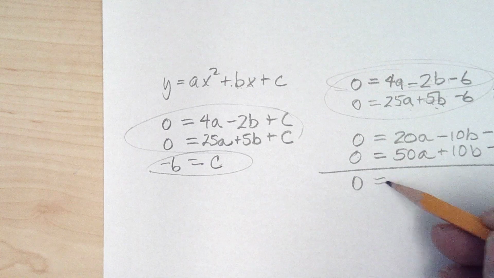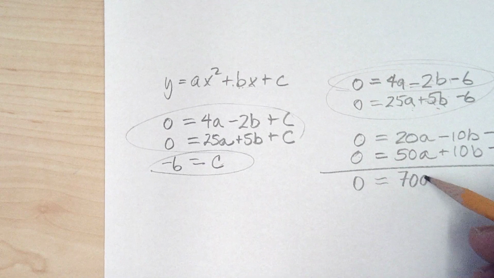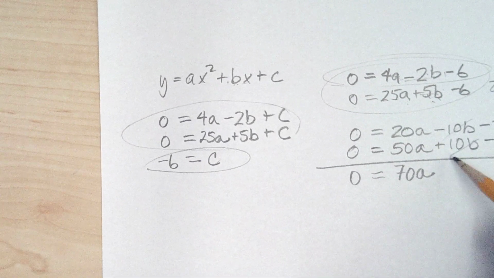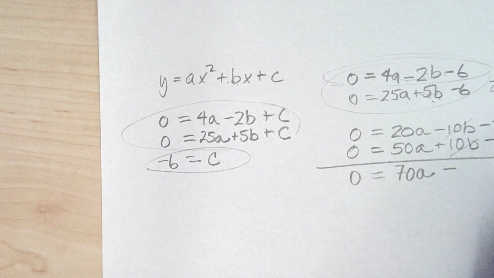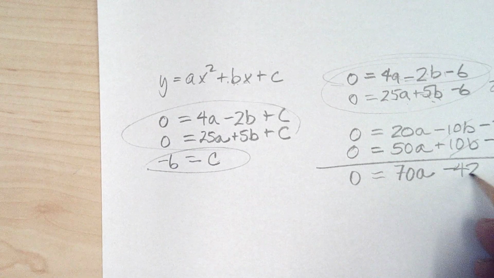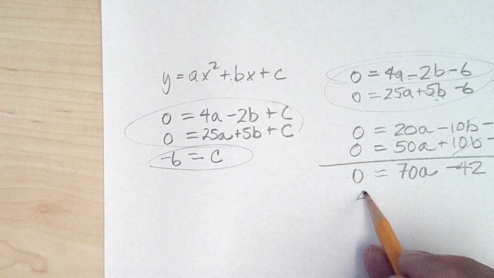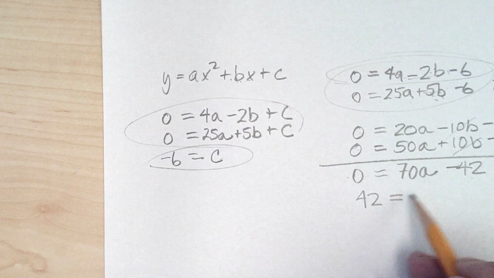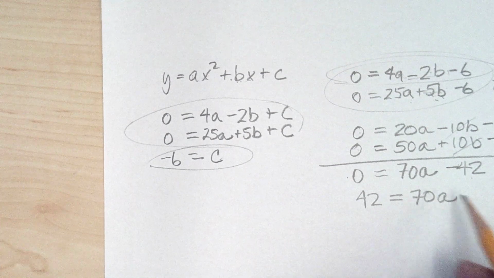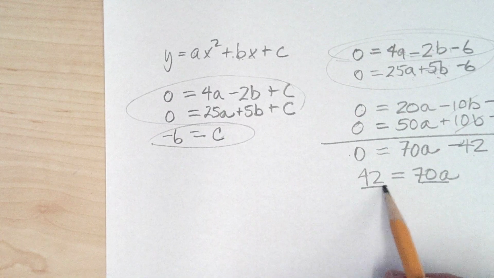If I add these two equations, 0 plus 0 is 0. I get 70a, these cancel, minus 42. Add 42 to both sides. Divide by 70.